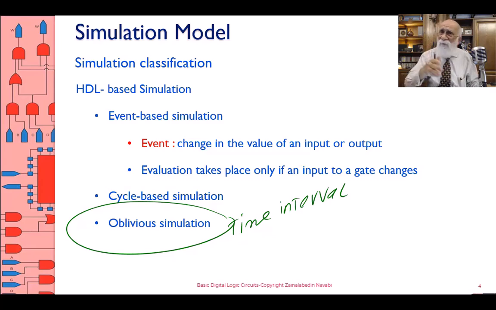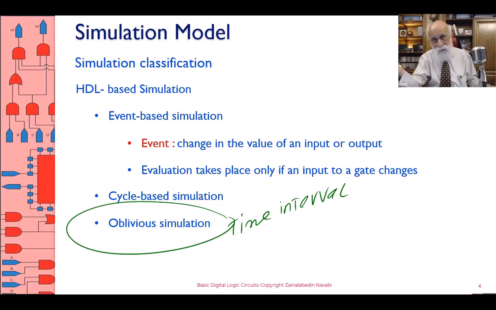So maybe for several milliseconds, nothing is happening in the circuit, or maybe at certain times, only a little portion of the circuit has events in it. So why do I have to simulate the entire circuit, the entire 10,000 transistors of the circuit, only because one portion of the circuit has events on it? I'm not going to do that. What I will do is go event-based simulation.